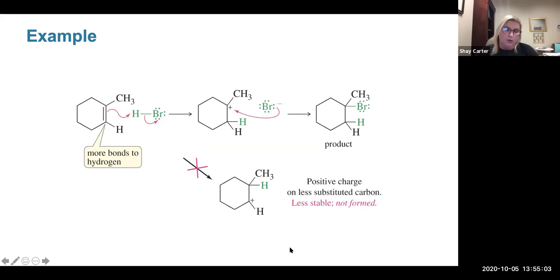Now remember, we're always going to have the hydrogen on one side and the bromine on the other. The hydrogen is always going to add to the side that already has hydrogens on it. If both sides are symmetrical, then we're going to get a 50-50 mixture, because it won't really know where to add.